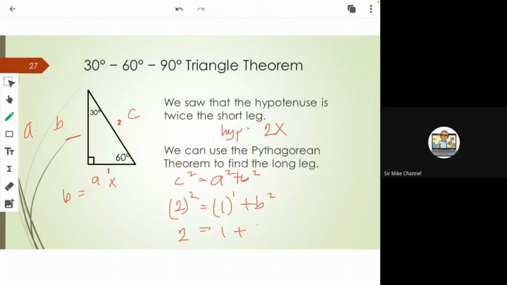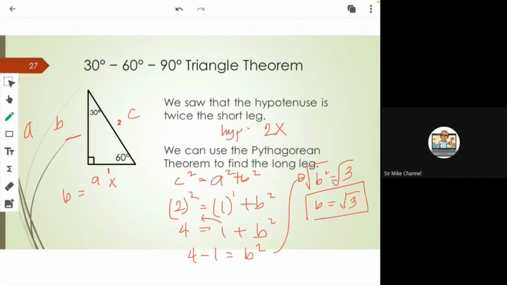Sorry, so 2 squared is 4. 2 times 2, the answer is 4. Ayan. And then transpose natin yung 1. So, 4 minus 1 is equal to B squared. So, it becomes B squared is equal to 3. And then, to get the value of B, square root natin yan both sides. So, B is equal to square root of 3.